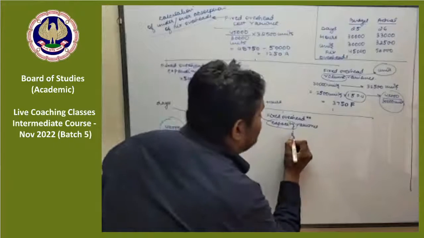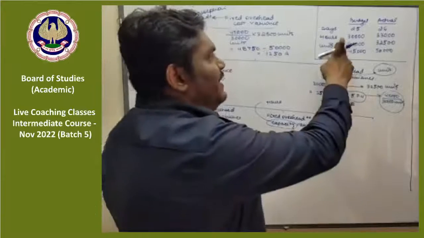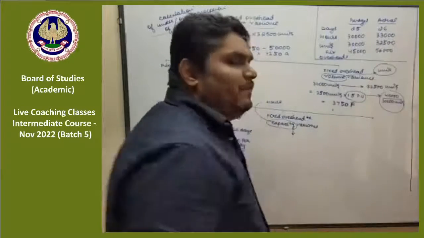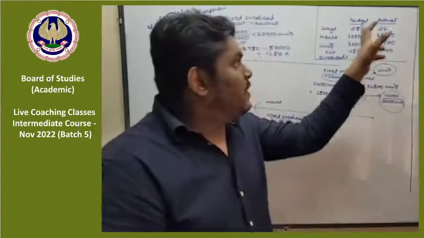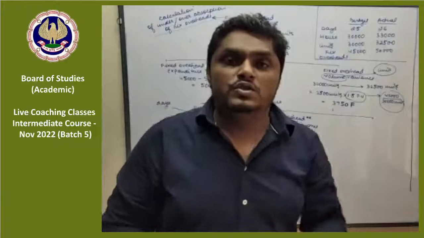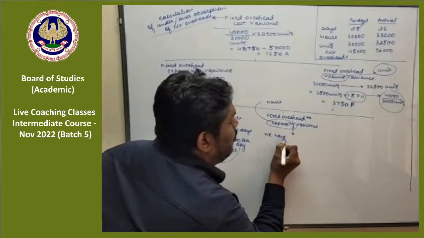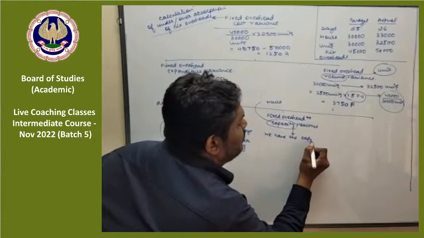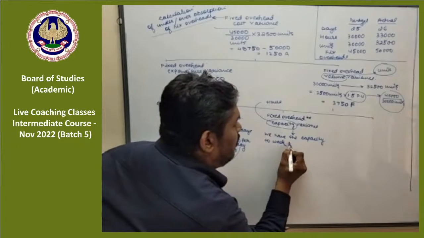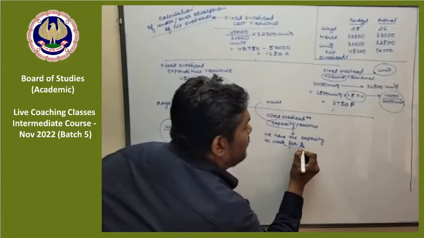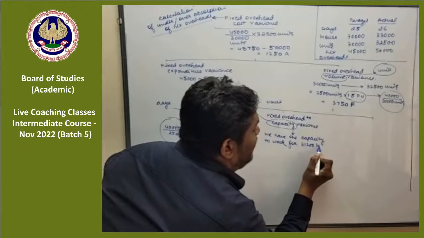Very simple, guys. It's not correct to say that we should have worked for 30,000 hours and we actually worked for 33,000 hours, so 3,000 hours extra. We cannot say this because the number of days we are working is more. So we can write the explanation that we have the capacity to work for 31,200 hours.